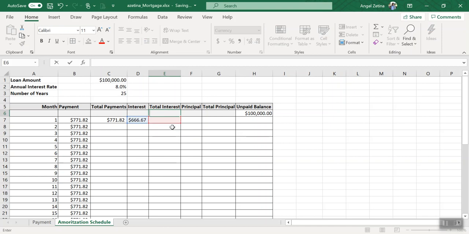Oops, sorry, we should have been here. So equals... so this will give us the total interest that we have in the current period. In other words, how much has the bank retained from all the payments that I have made.